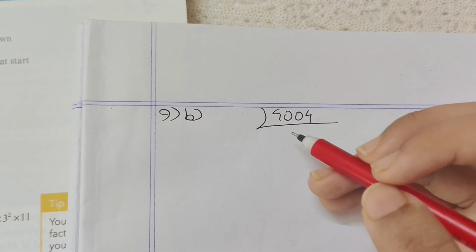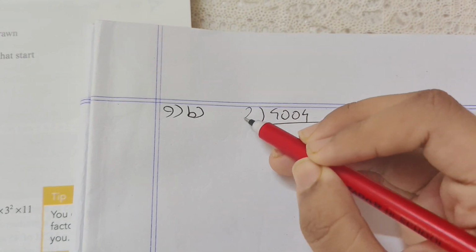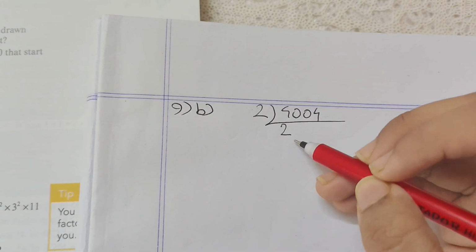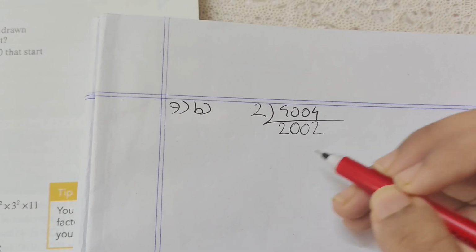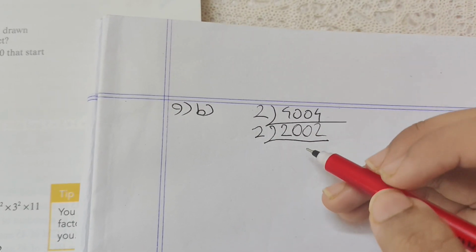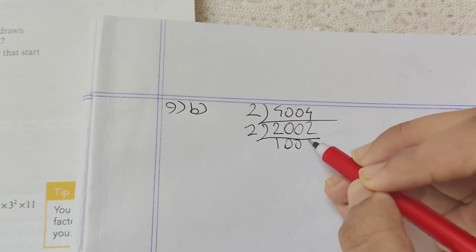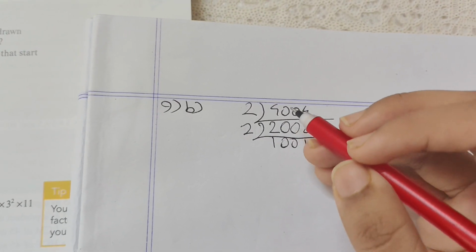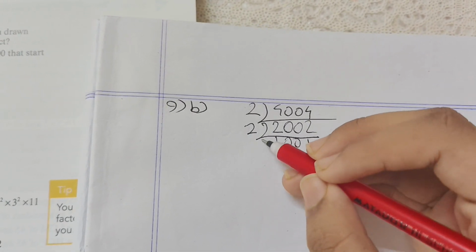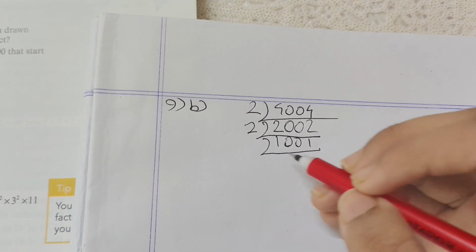So in number B, we can see that 4004 is divisible by 2, which gives us 2002. 2002 is divisible by 2, so 2002 divided by 2 is equal to 1001. And we just copy paste whatever we had already done for 1001.